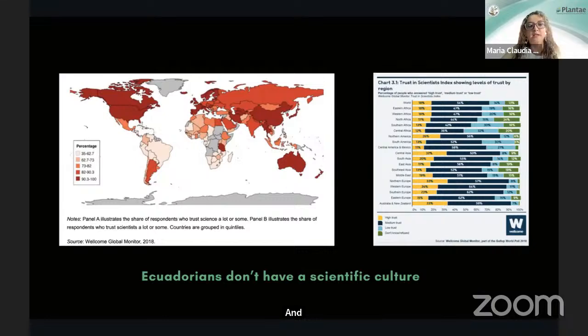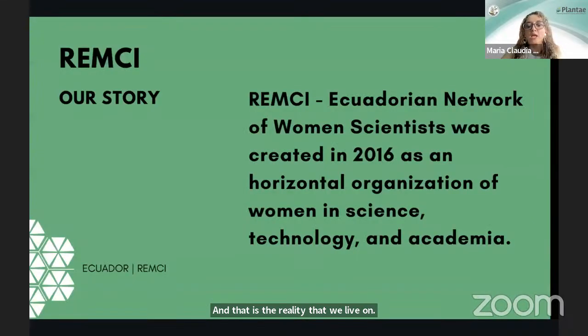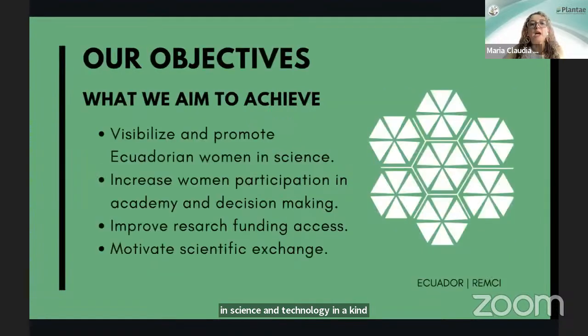In this context, in 2016, 20 women decided to create this network, the Ecuadorian Network of Women in Science. It was an organization to start talking about women in science and technology in academia. And we have basically three main goals.